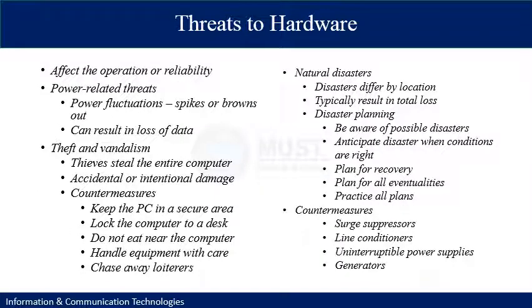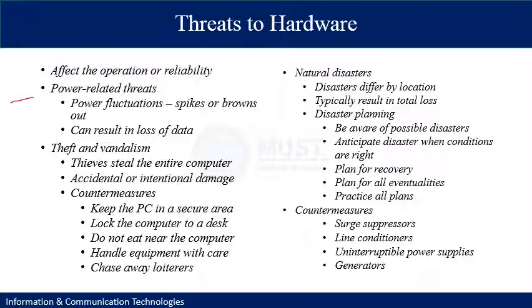So the second kind of threats target the hardware itself. These affect the operation or reliability of the computer systems. And these threats are divided into further subdomains, and three of them are listed here, which are quite common.